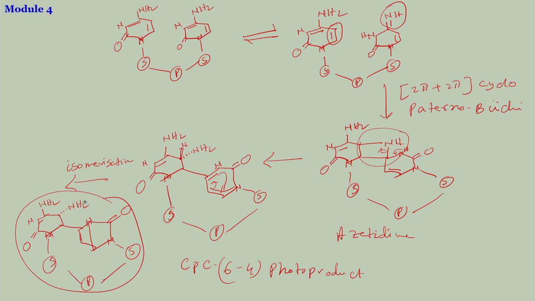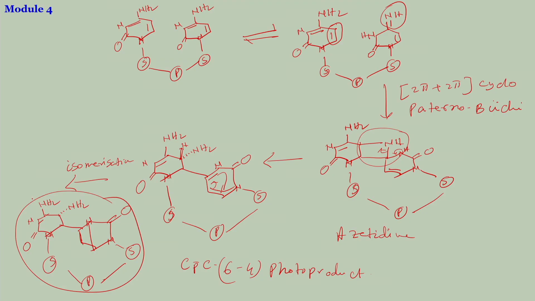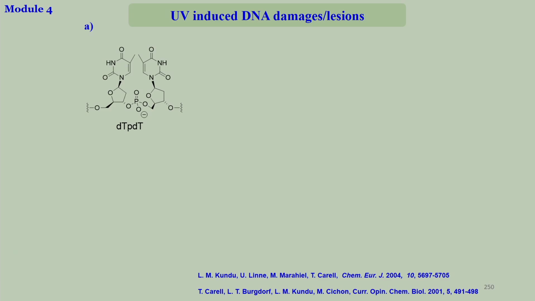This is the Dewar valence isomer. So, this would be the photo product primarily for the cytosines. This will further deaminate here, this will deaminate again, I will show you.